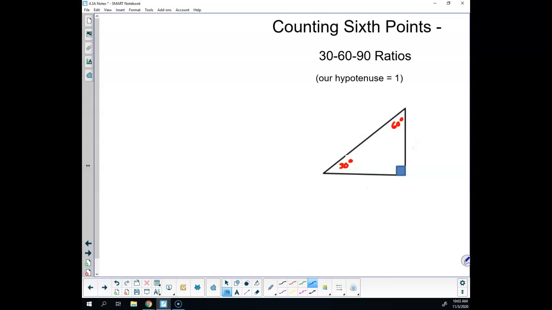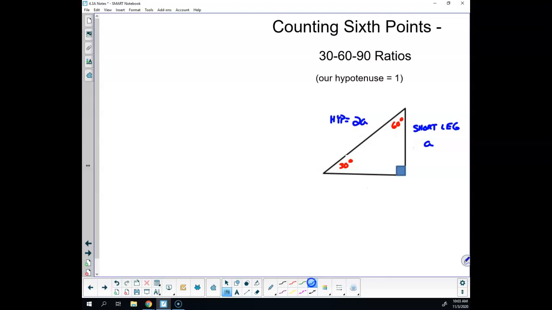So the short leg we'll call A, because I don't want to use X. Okay? So if that's A, that's what we base it off of, then the hypotenuse is 2A.